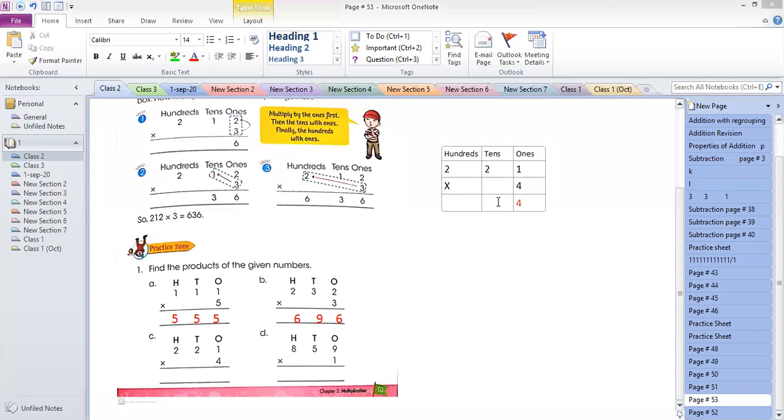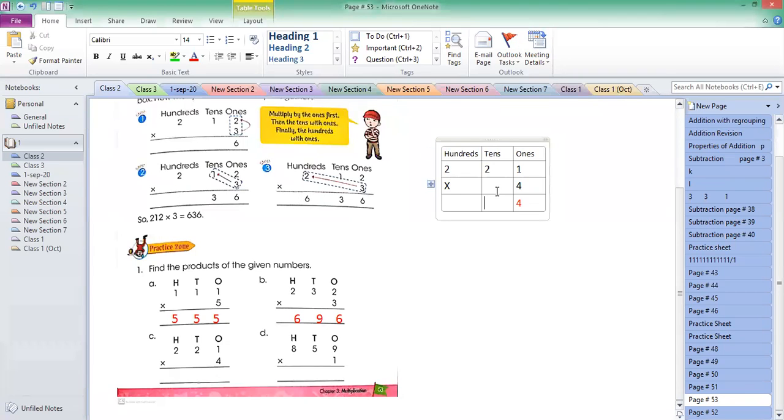What number should I write here in the answer of tens? 8. Okay, 8. Why 8? 4 multiplied by 2. Very good, Ilyas. Because 4 multiplied by 2 equals 8. Very good.